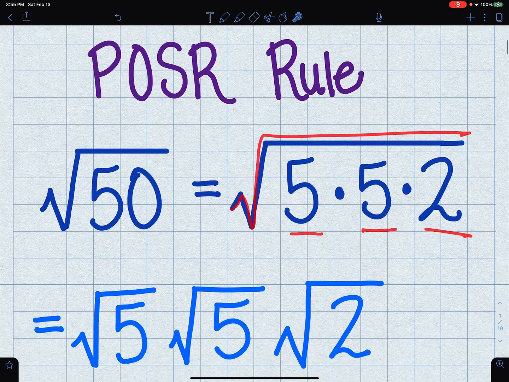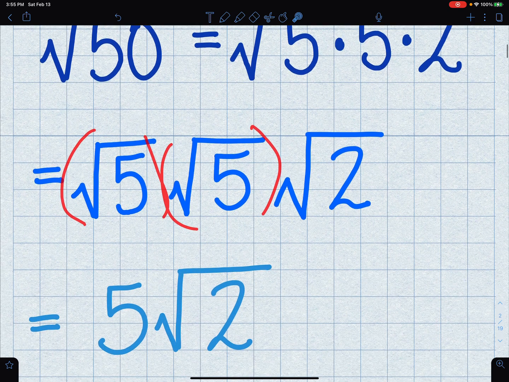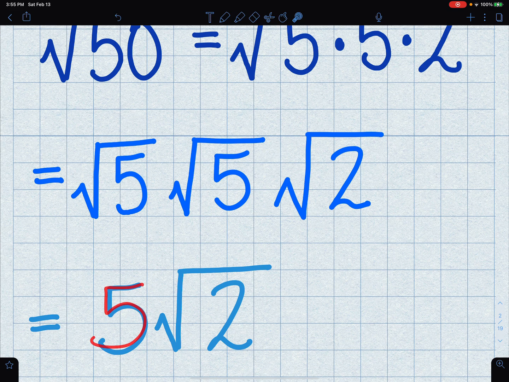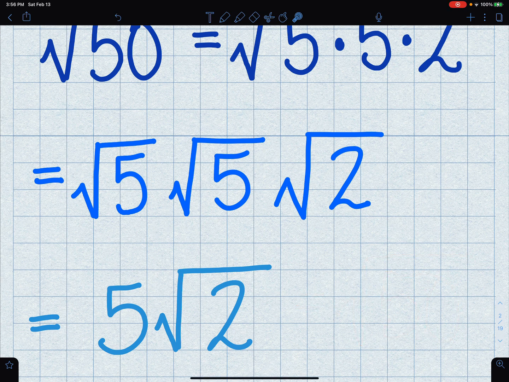And then you can turn that into the square root of 5 times the square root of 5 times the square root of 2. And of course, when you have two of these multiplied by each other, it basically just becomes a 5. So that becomes 5 times square root 2. And that's how you simplify the square root of 50.